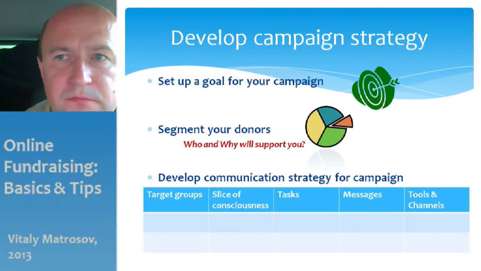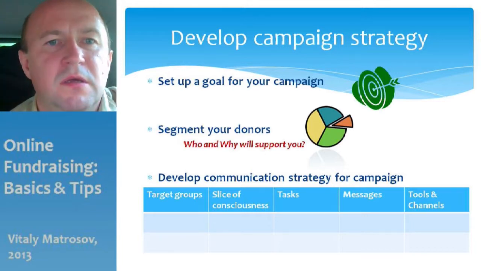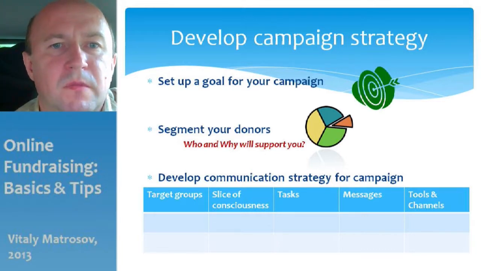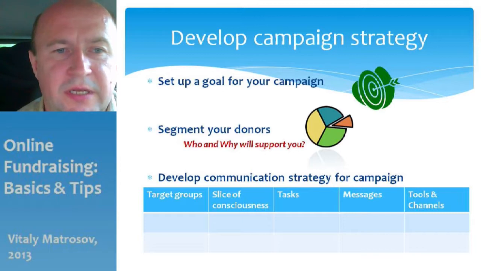And then develop a communication strategy for your campaign. Developing a communication strategy is just the same as developing a strategy for an informational campaign, and we considered this during offline training.